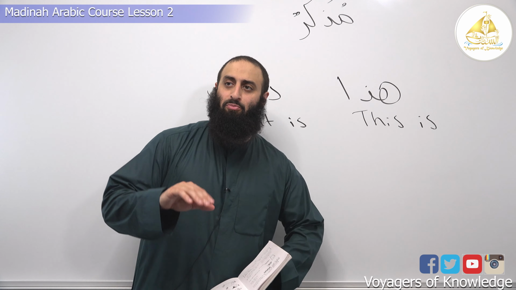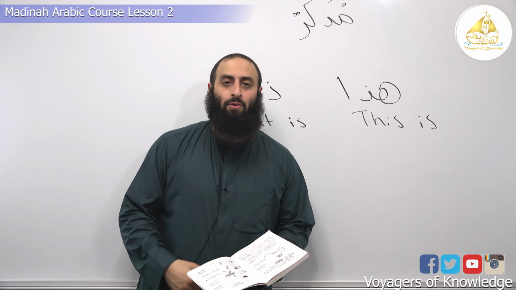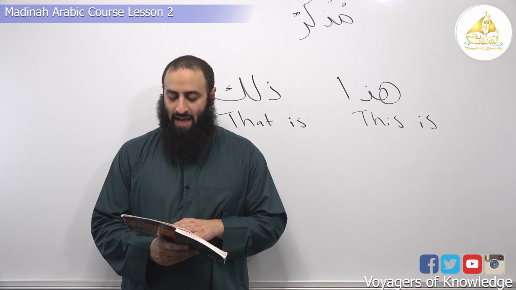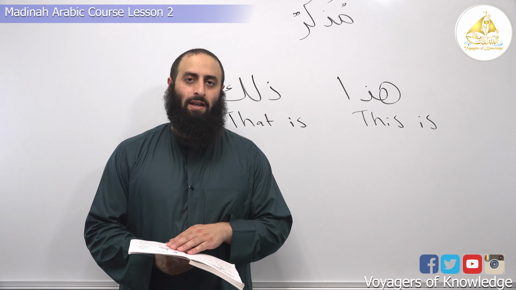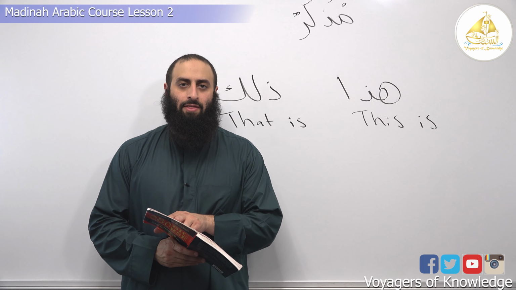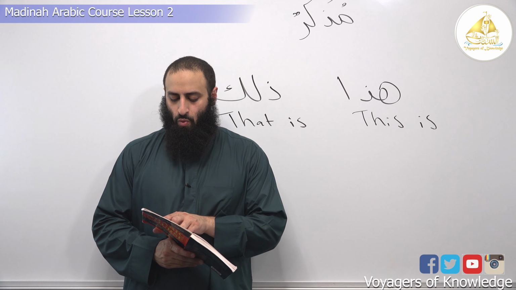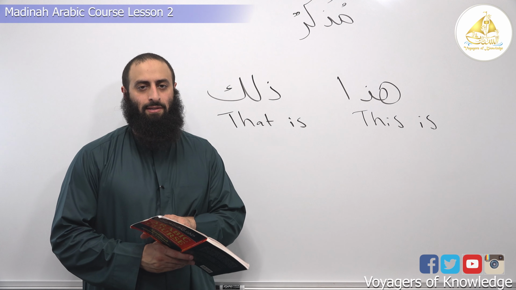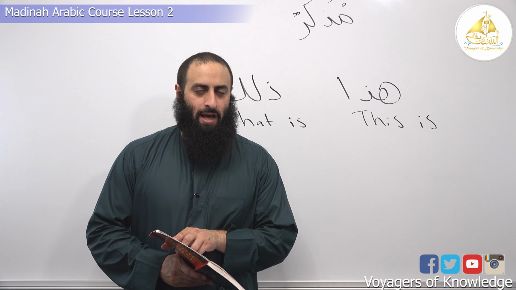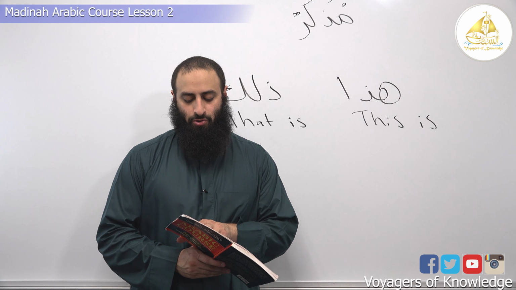It starts out, you're pointing to the star. It's far away. What do you say? Ma dalika. What is that? Dalika najm. The next line. Hada masjid, وَذَلِكَ بَيْتٌ. This is a masjid, and that is a house.